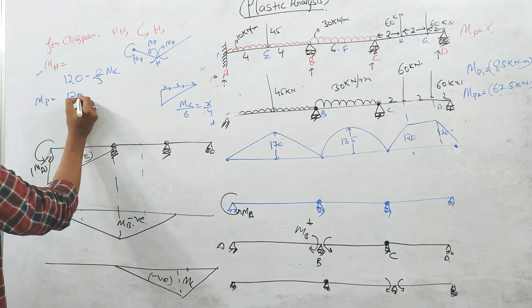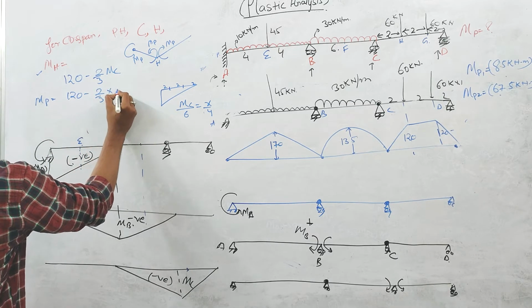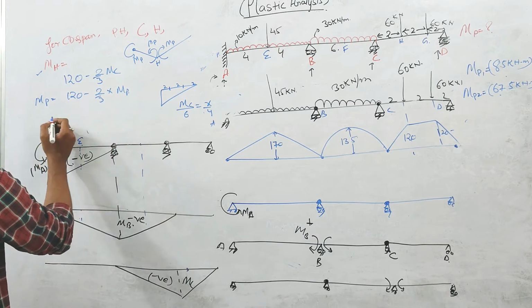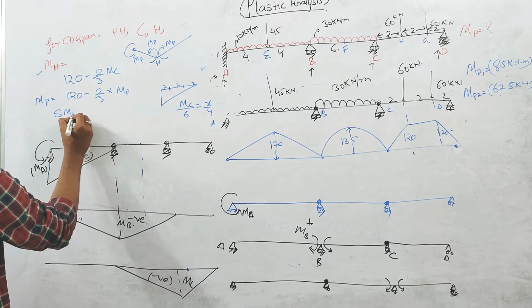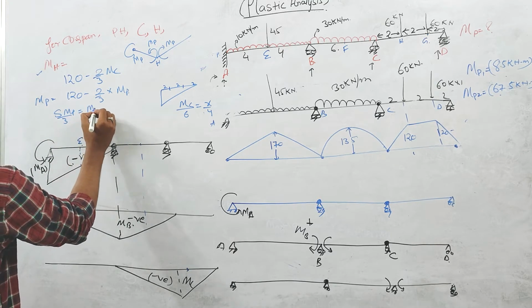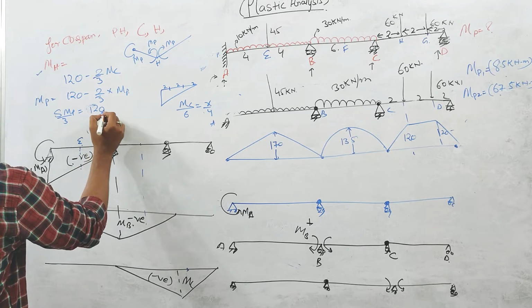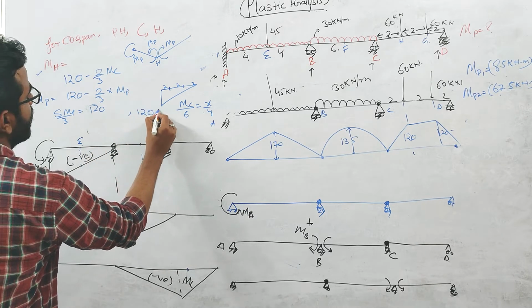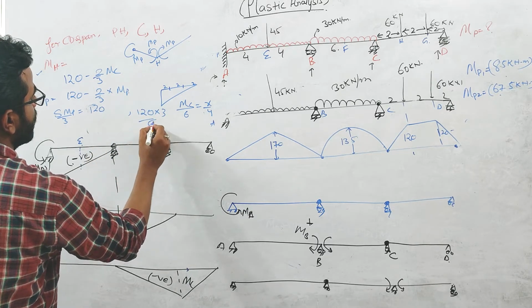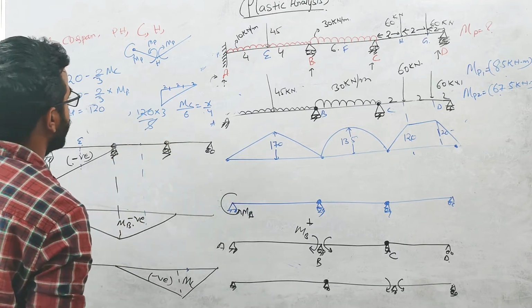This equals 120 minus 2 by 3 into MP, right? So this gives 5 MP by 3 equals 120. So this will be 120 into 3 divided by 5.